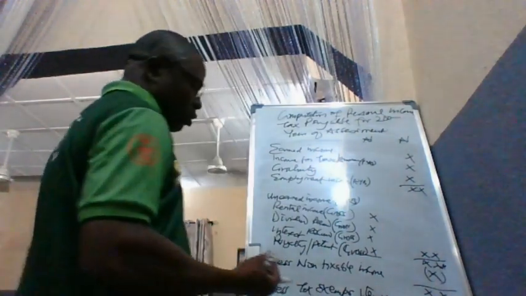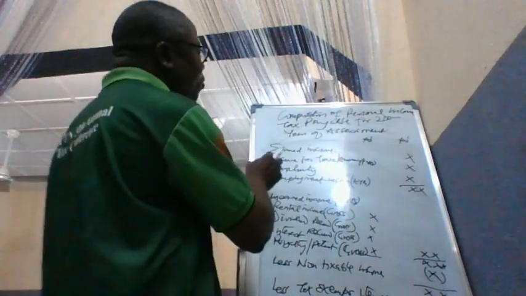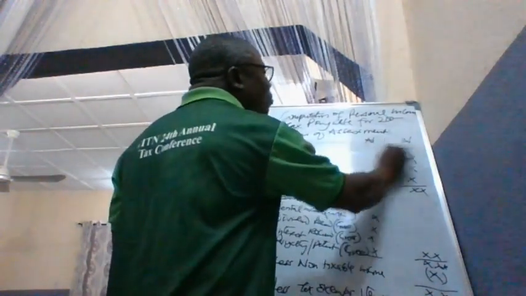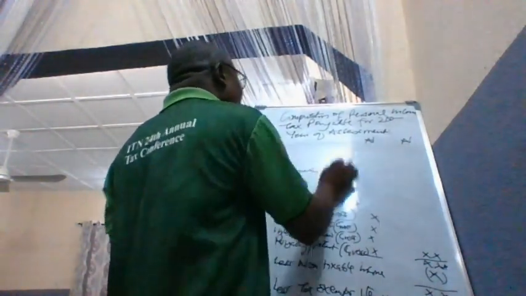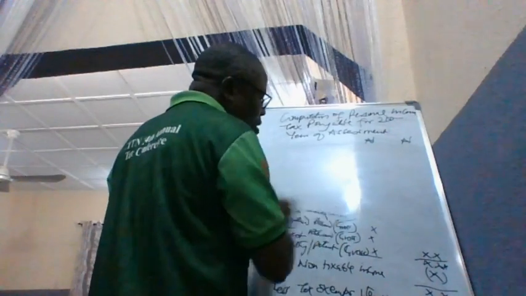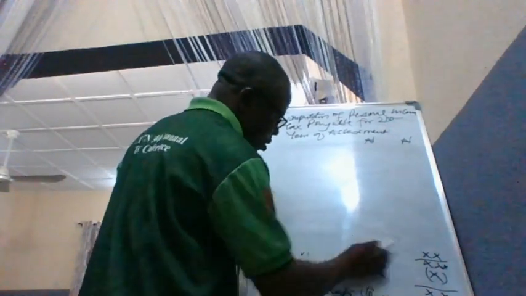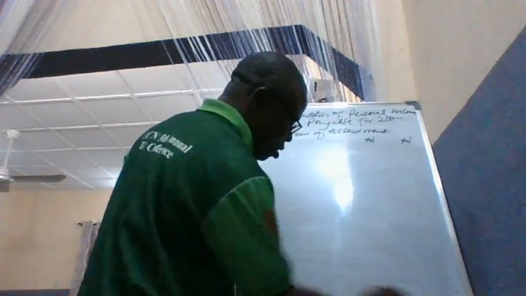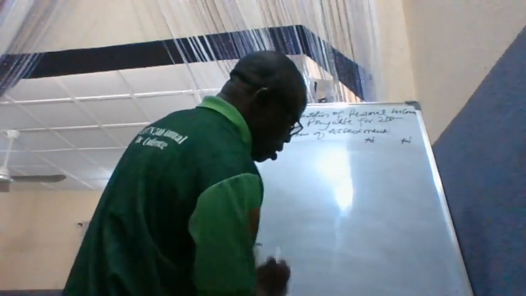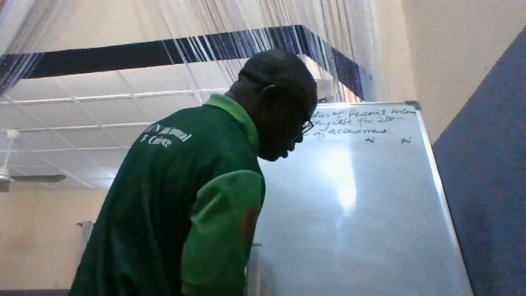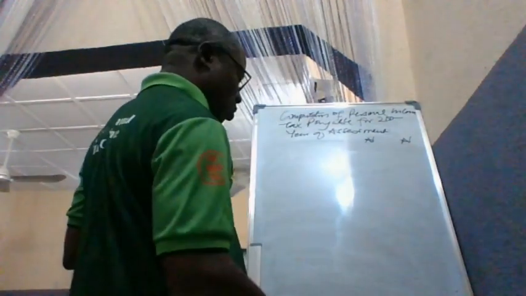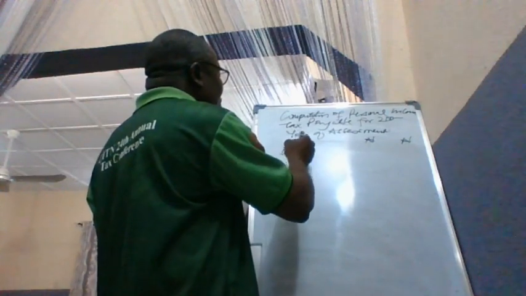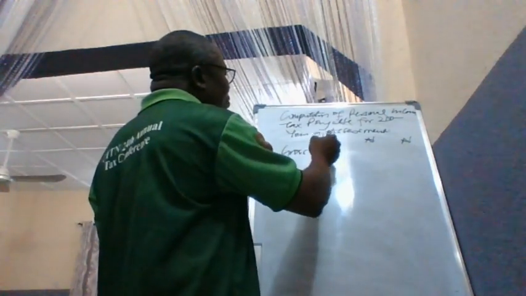Now, because the board is small, I want to take up the gross income. Bring the gross income up. After you have deducted the tax exempts from the total, you have your gross income.